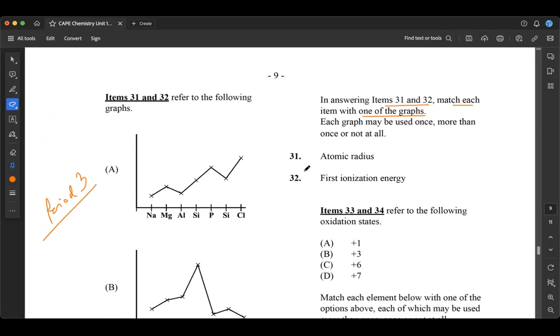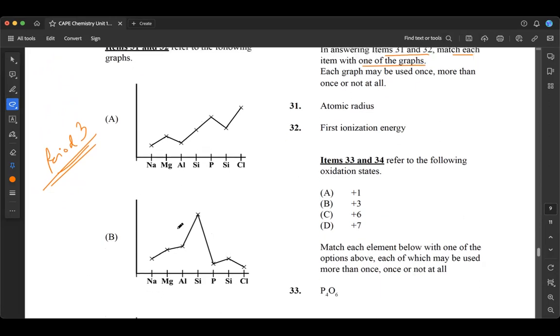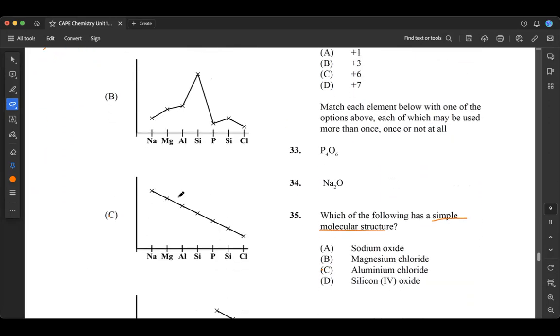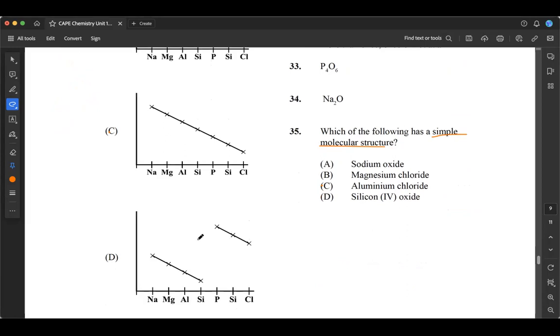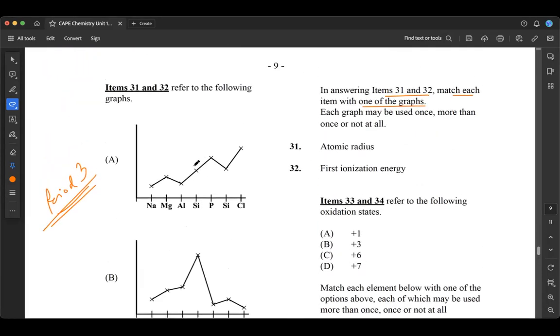Which one of these graphs represents how the atomic radius changes across period 3? So as we go across period 3, what's happening to the atomic radius? We're adding more electrons as we go across, and more protons. And so we are effectively increasing the charge on the nucleus, and it can pull those outermost electrons more tightly.